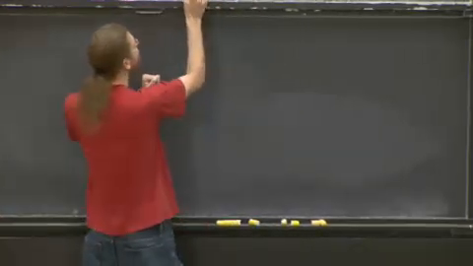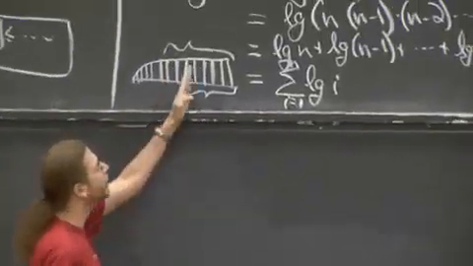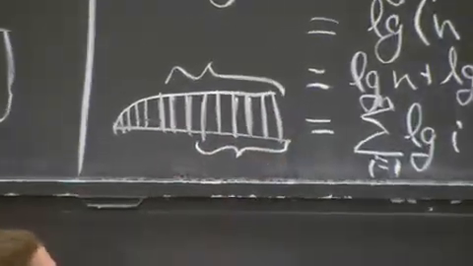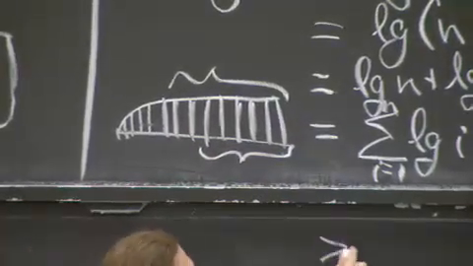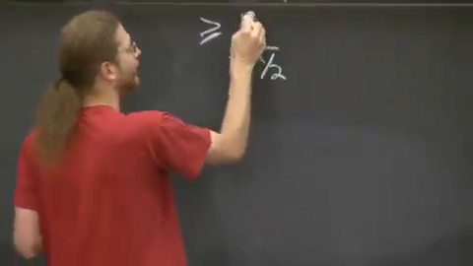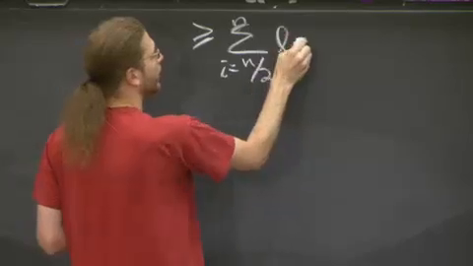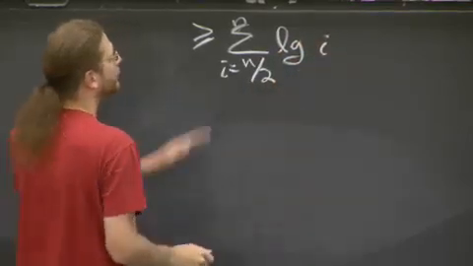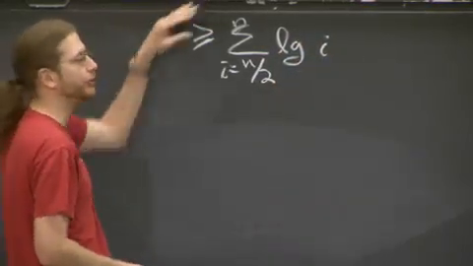But let's say you look at the last half. Those are all going to be basically log n. You can prove that. So this is going to be at least the sum where i equals n over 2 to n of log i, if I just throw away the first n over 2 terms.